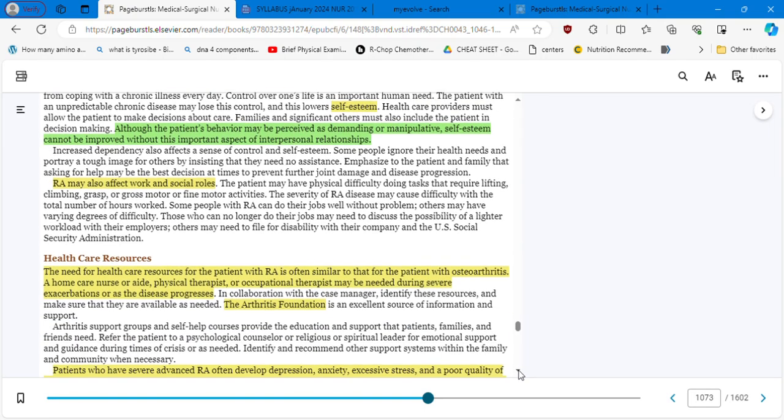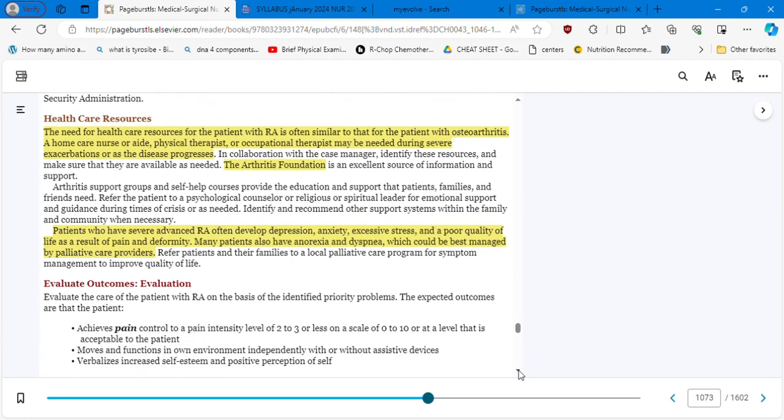That's another factor. Now, healthcare resources: refer this patient to a home care nurse, physical therapists, occupational therapists, and the Arthritis Foundation. Patients who have severe advanced RA often develop depression, anxiety, and excessive stress.